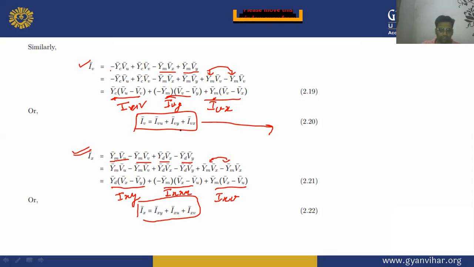Now from these three equations we can infer one thing: when we are dealing with the V node, it is always with Vu, Vy and Vx, the remaining three currents. When we are dealing with X, the other nodes are Iu, Iy and Iv. I have written this equation as 2.22.